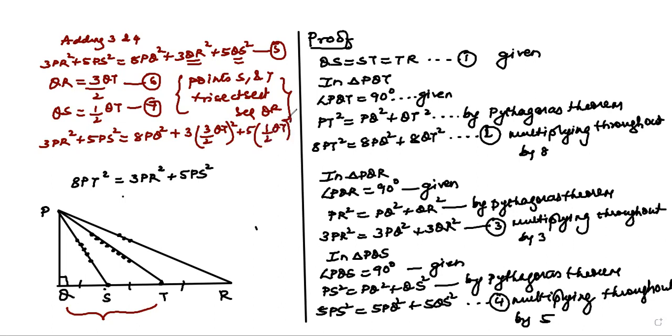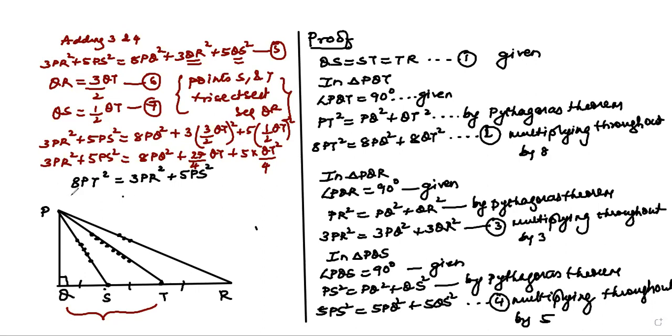Now just simplify this and you see what answer you get. Therefore, 3PR square plus 5PS square is equal to 8PQ square plus 3 into 9, 27 upon 4 QT square, plus 5 into QT square upon 4.